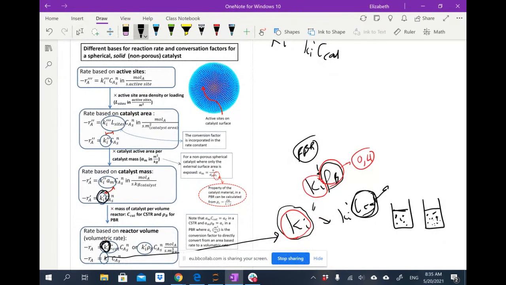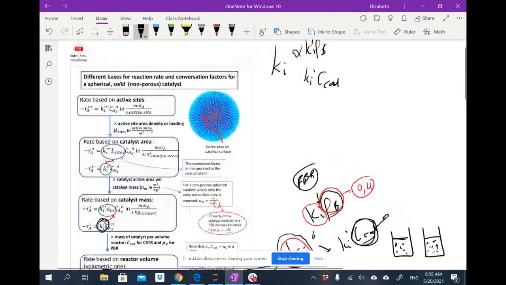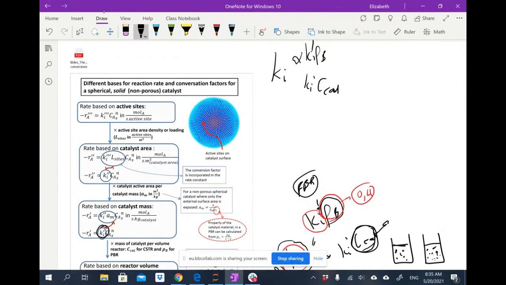If I look at Ki dash, what is it proportional to? This is now the same for both reactors, so it's not reactor dependent. My Ki dash is equal to, and now we introduce this new thing, the Ki double dash. This is the area-based rate constant.